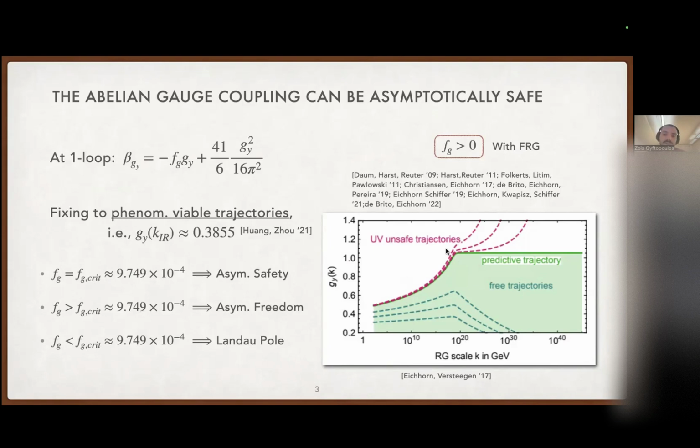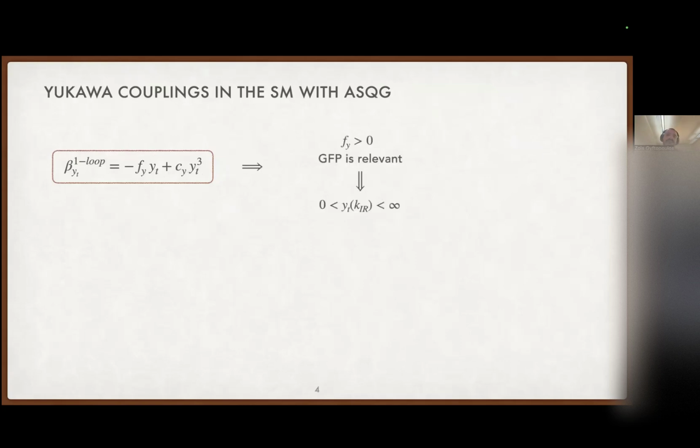Now, the standard model also has more couplings. It also has Yukawa couplings and so on. So I would like to talk a little bit about the Yukawa couplings. And here, this schematic form that was also introduced 2 weeks ago by Manuel is actually cubic. If this Fy is positive, then the Gaussian fixed point is relevant because the critical exponent is positive.